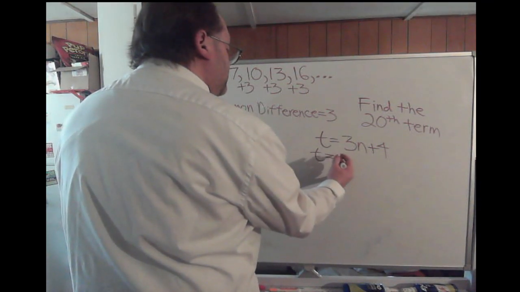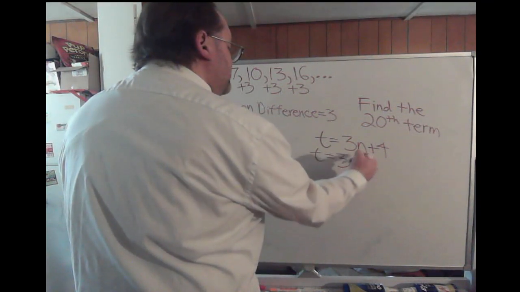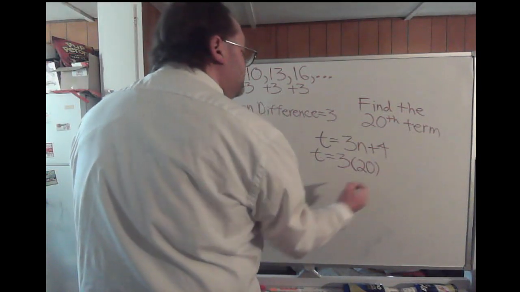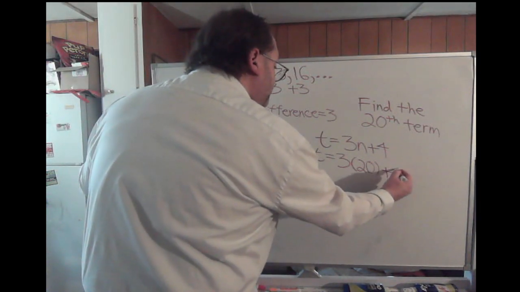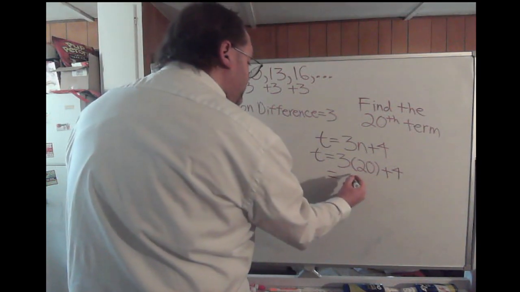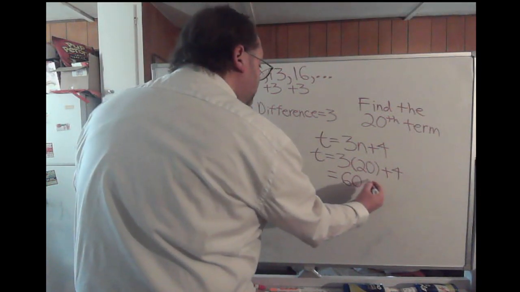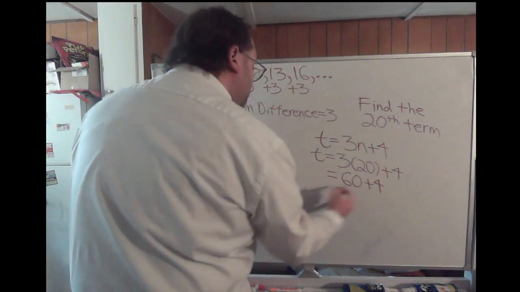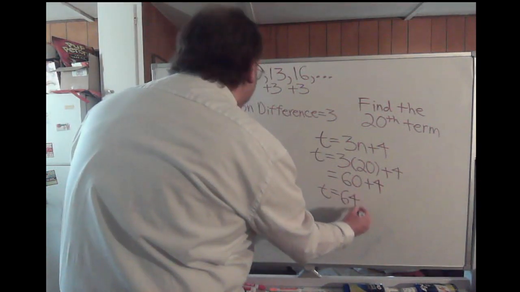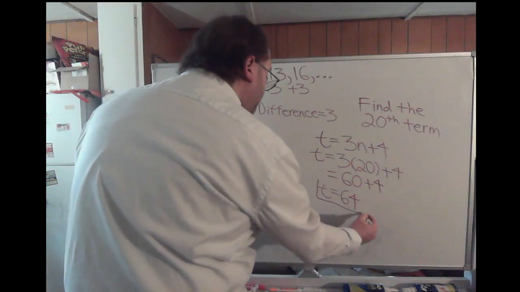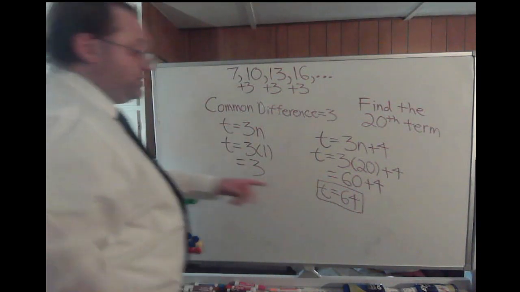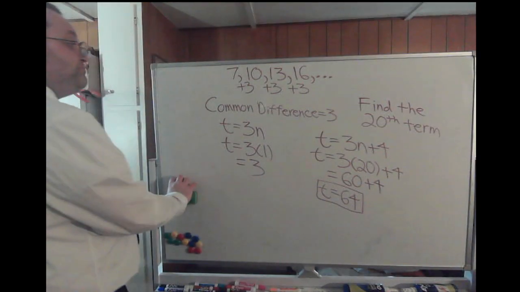The term itself will equal 3 times 20, plus 4. 3 times 20 is 60, plus 4. So the 20th term would be 64. That would be your answer for the 20th term.